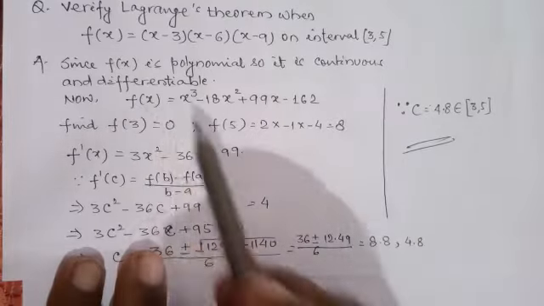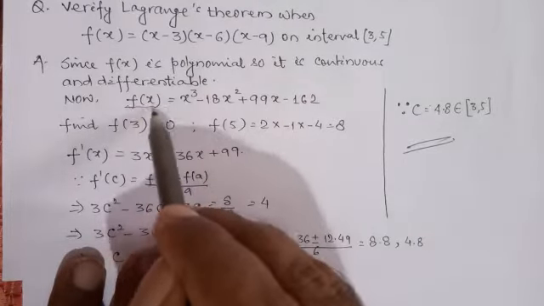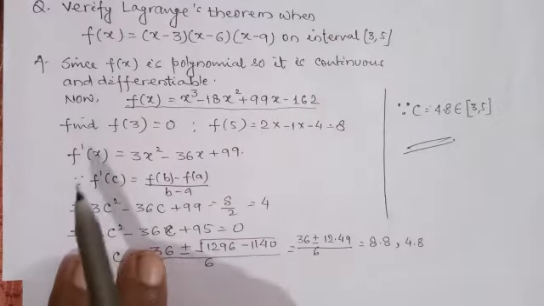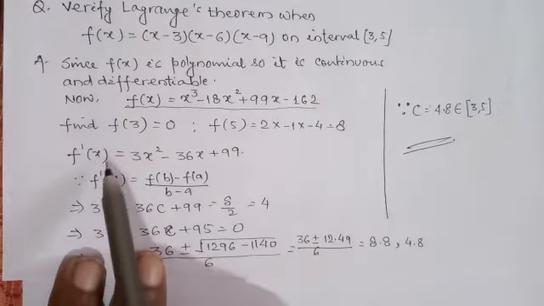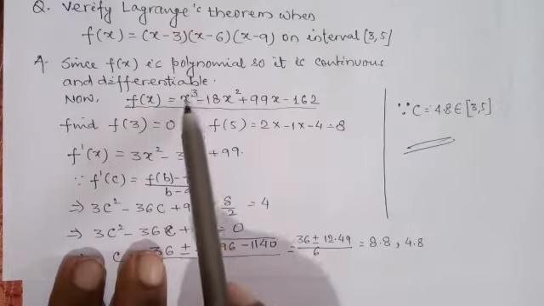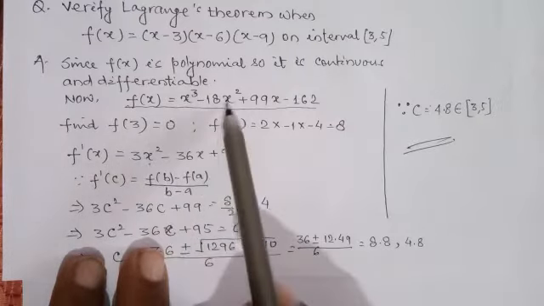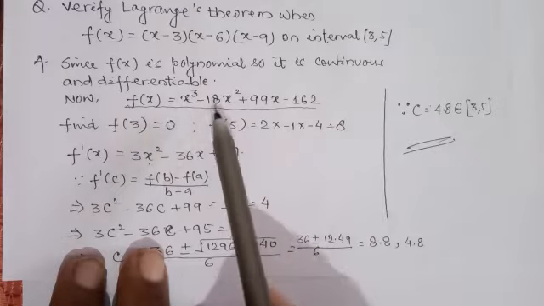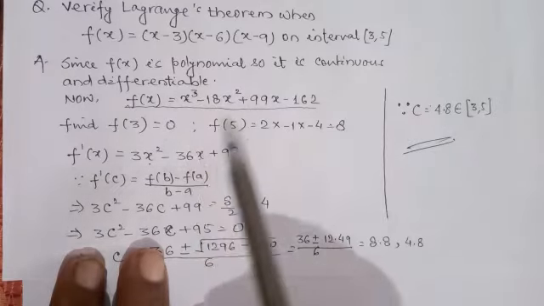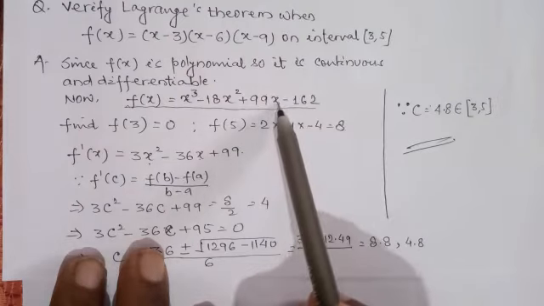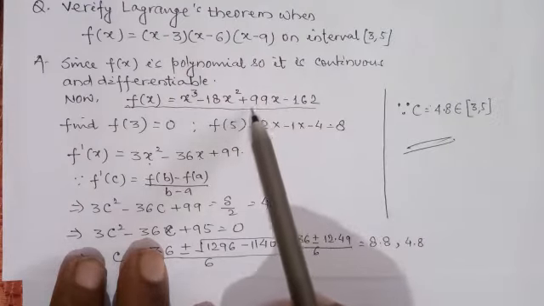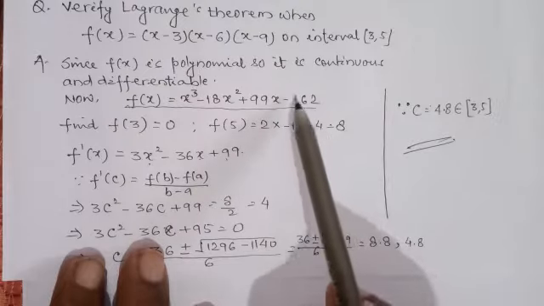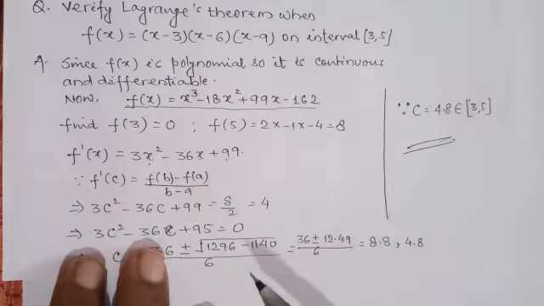Now take f(x), which is this one, and differentiate it with respect to x. Thus f dash x should equal 3x square minus 36x plus 99, since the differentiation of x square is 2x, so 2 into 18 is 36x, and the differentiation of x is 1, so 99, and the differentiation of 162 is 0 because it is a constant.